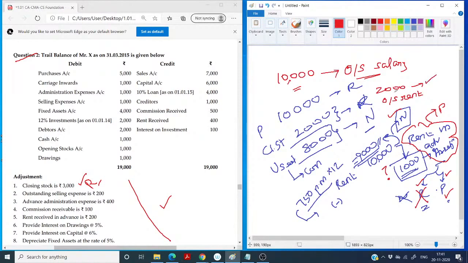I am giving the 2,000 rupees to you. To whom are you going to pay this amount? Outstanding salary is meant for whom? Outstanding rent is meant for whom? If I give you 12,000 rupees, to whom are you going to pay?